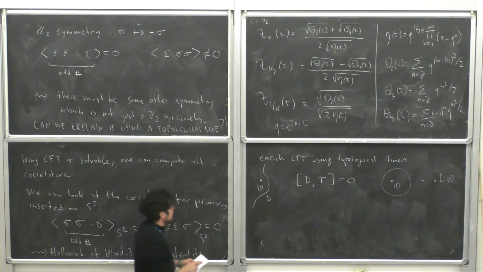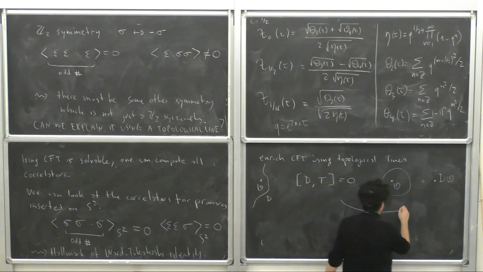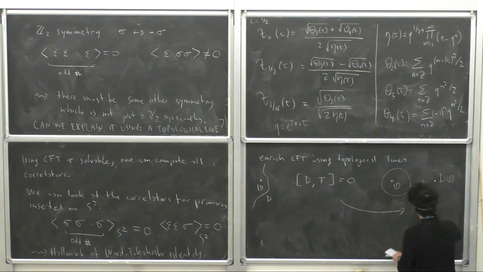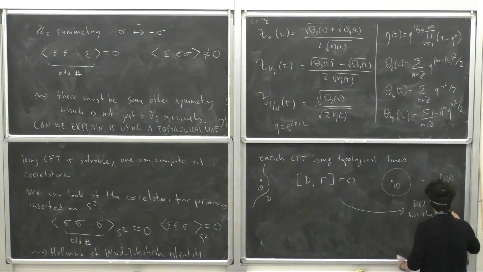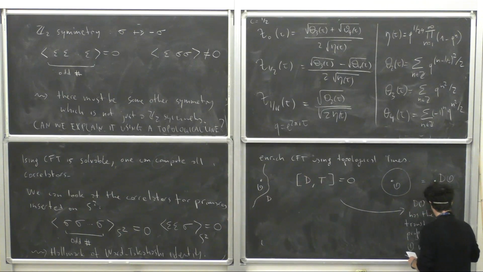Now, since the line commutes with the stress tensor, we know that the operator D of O has the same transformation properties of O with respect to the Virasoro.